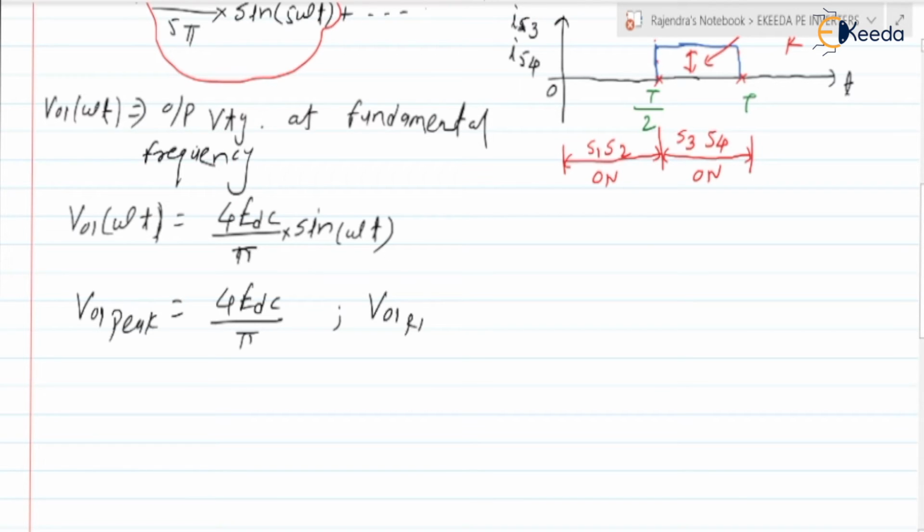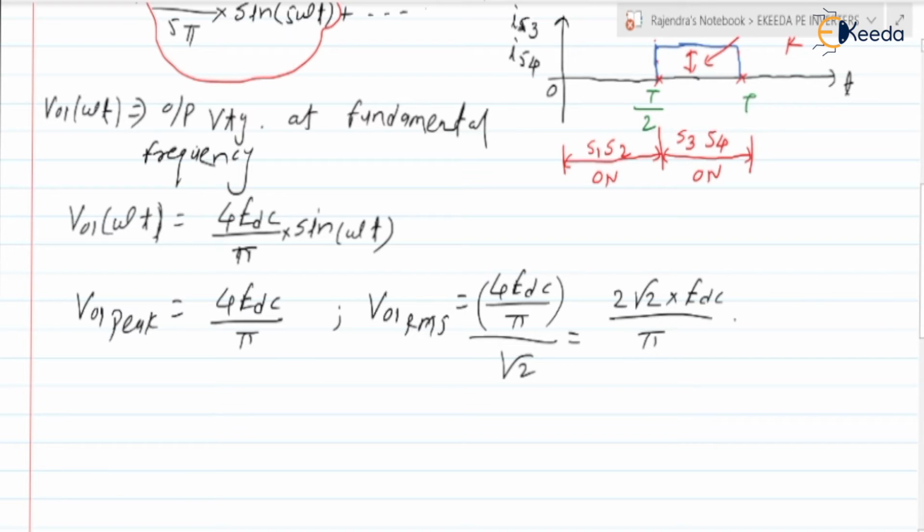So v01 RMS is equal to v01 peak, that is 4 EDC divided by pi divided by root 2. So it is like 2 root 2 into EDC divided by pi. 2 root 2 by pi is 0.9, so it is 0.9 into EDC.